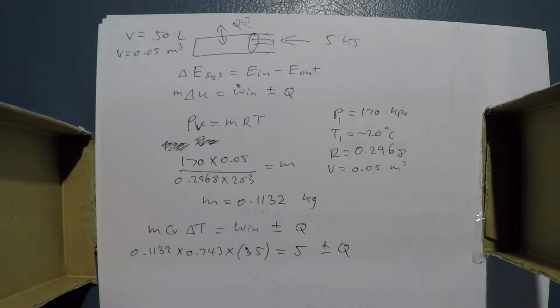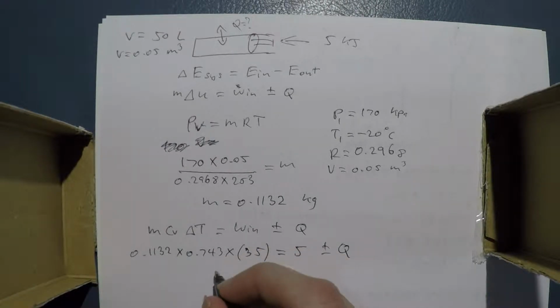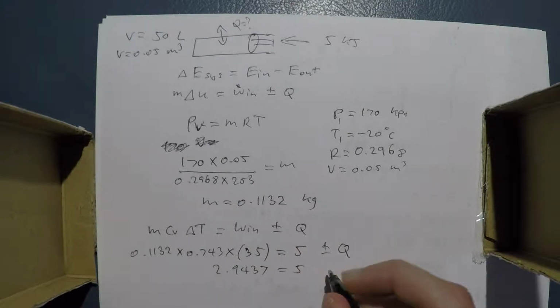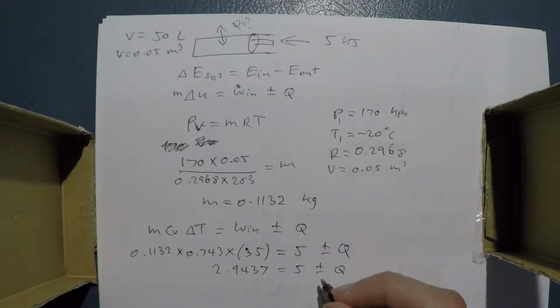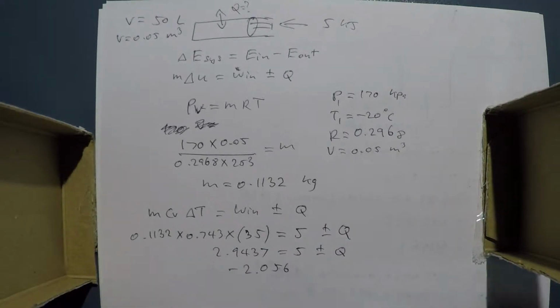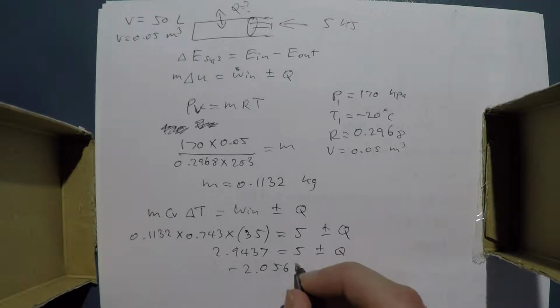So we have 0.1132 multiplied by 0.743 times 35, which is 2.9437, equals 5 plus or minus Q. Now we subtract the 5 from both sides, so 2.9437 minus 5 is minus 2.0563.